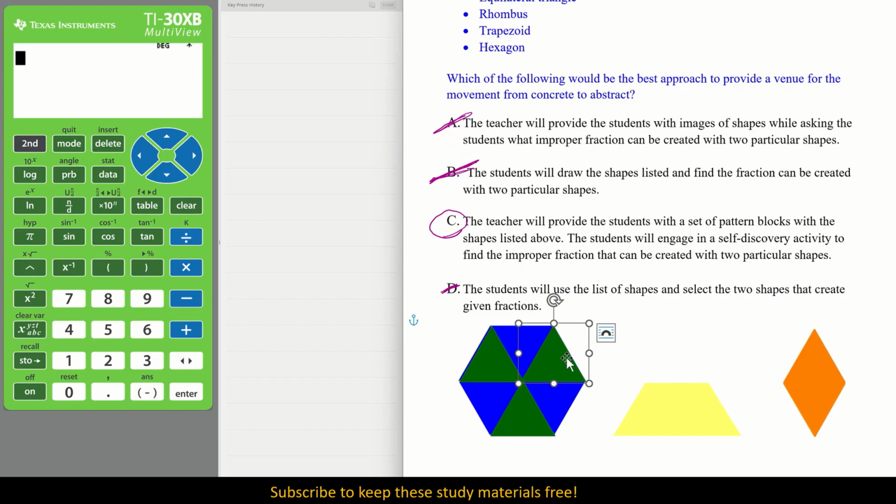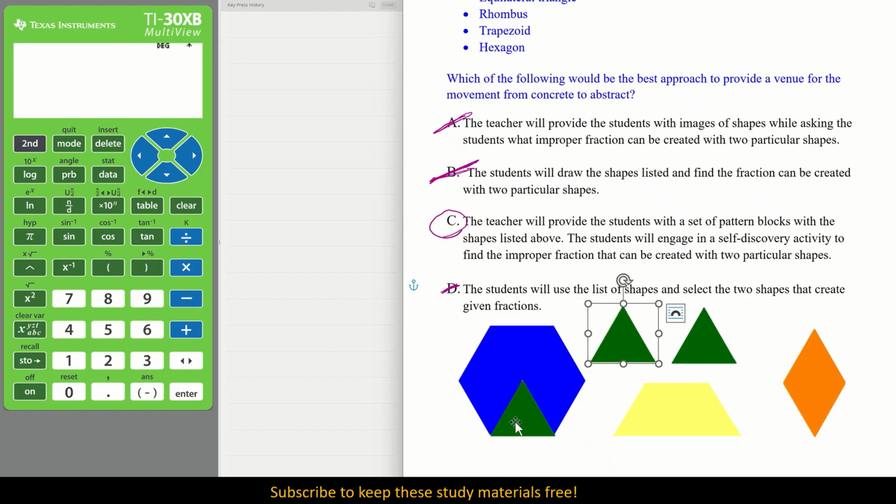Yes, you can go from pattern blocks, do an activity. And then from the pattern blocks, once they know how it works, then you can go to a computer program, which I'm sure your district has. I'm sure you have pattern blocks somewhere. And I'm absolutely sure that you have a computer program that the kids have access to. Okay. So that definitely would be a great activity. Okay, I'll move this out.